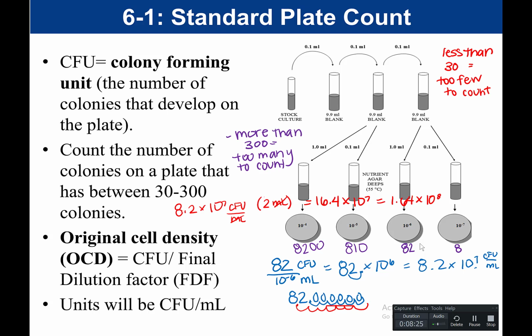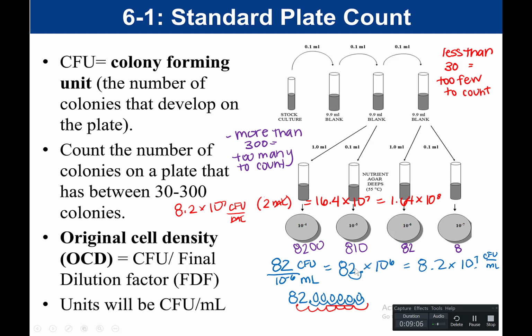The original cell density is going to be your colony forming units, the number of colonies on your plate, divided by your final dilution factor, the one that's actually written on the plate. So in this calculation, 82 colony forming units divided by my final dilution factor, 10 to the negative 6, and then again, you're going to multiply by the positive exponent. 82 divided by 10 to the negative 6 is the same as 82 times 10 to the positive 6.